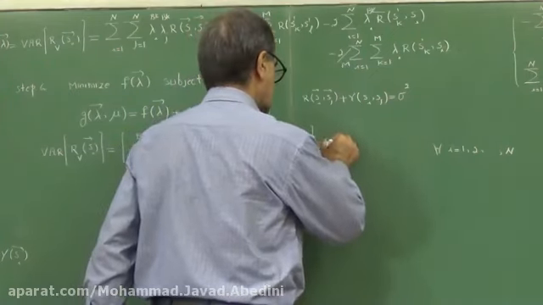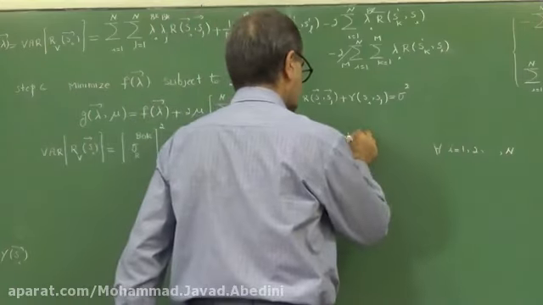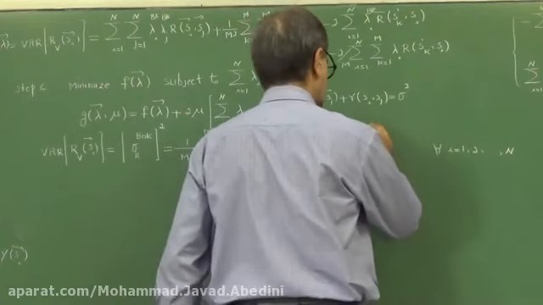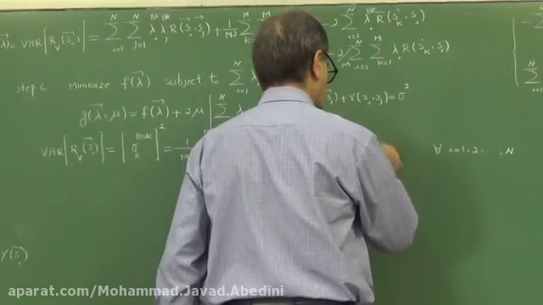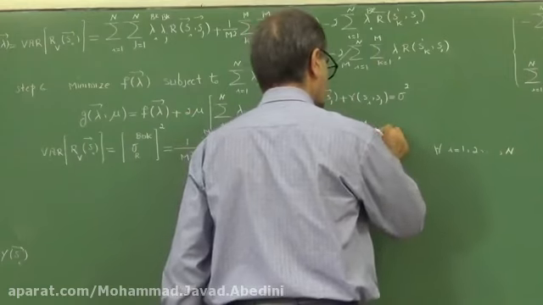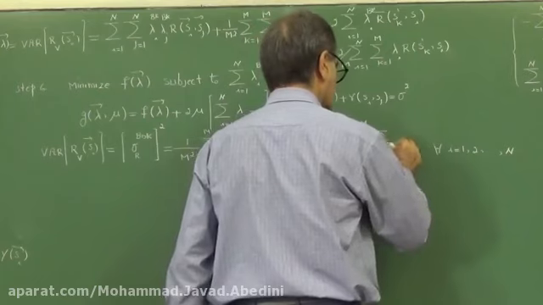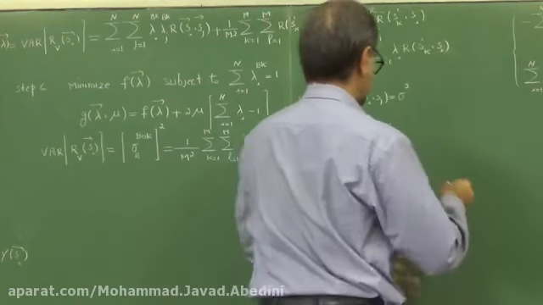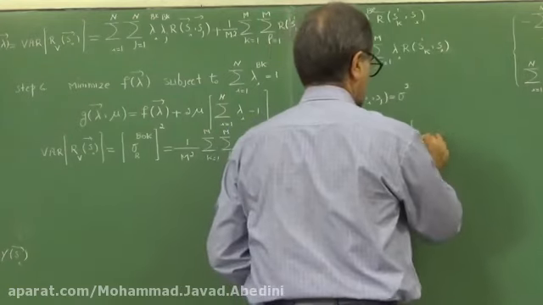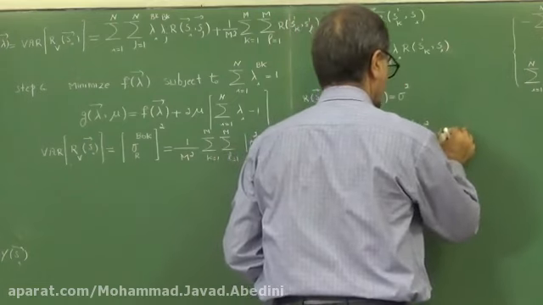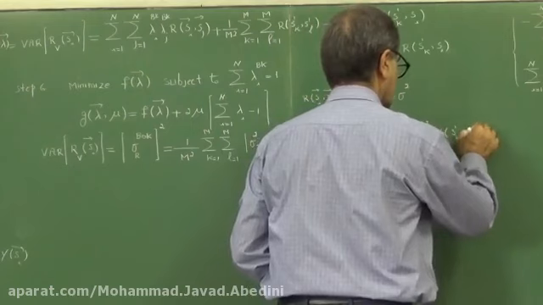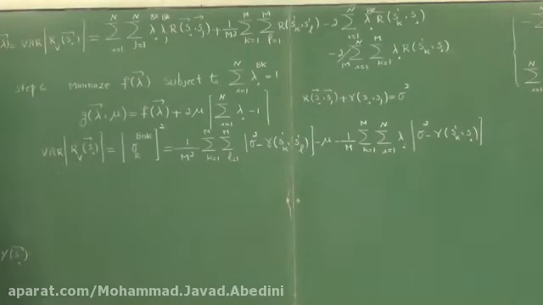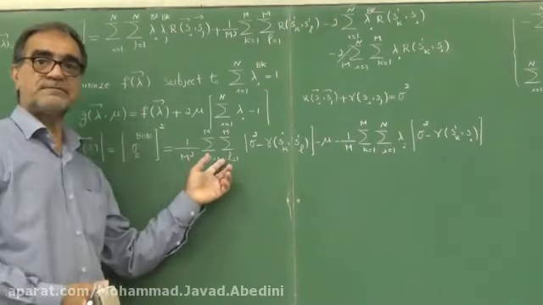Minus mu minus 1 over m, summation from 1 to m, I from 1 to n lambda I, sigma square minus gamma S prime K S I. Look at the first step.